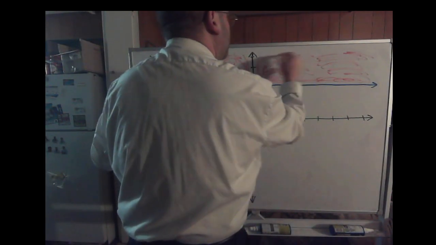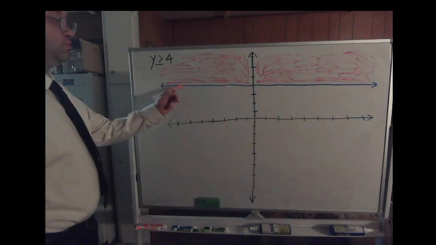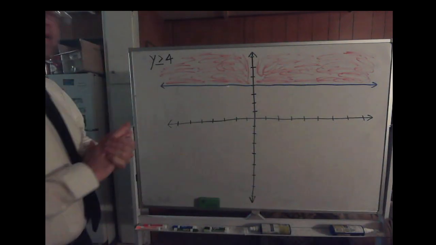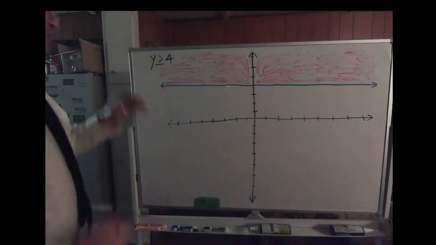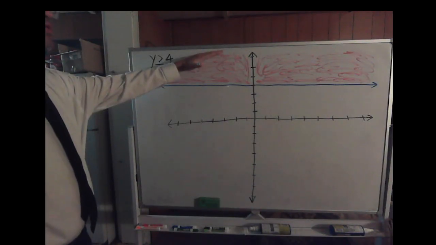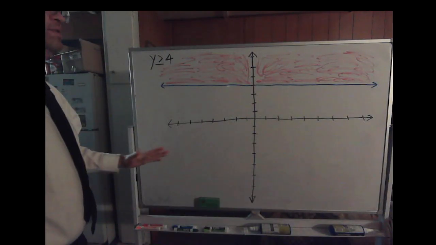It's going to look like a mess, but basically you draw a nice solid line through y equals 4, then you shade the entire region above it. The reason is because we're going to include y equals 4, and then it's every value greater than 4 also.